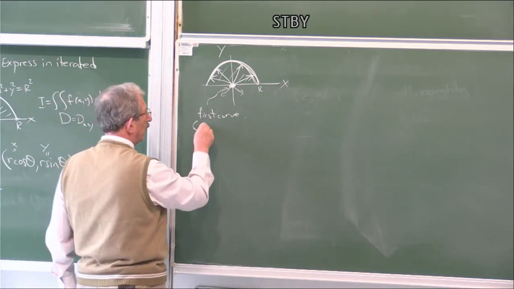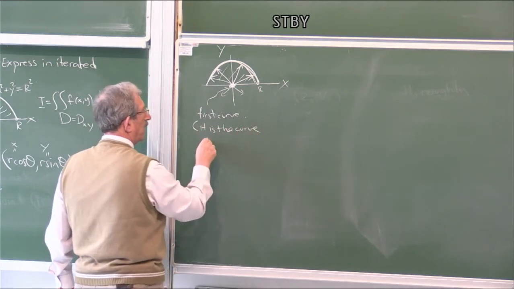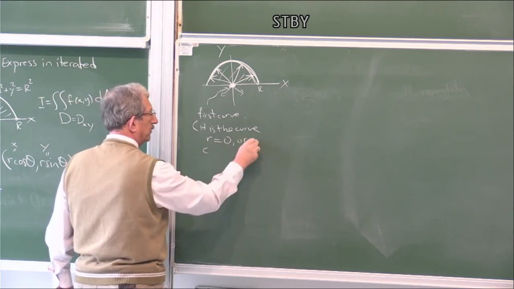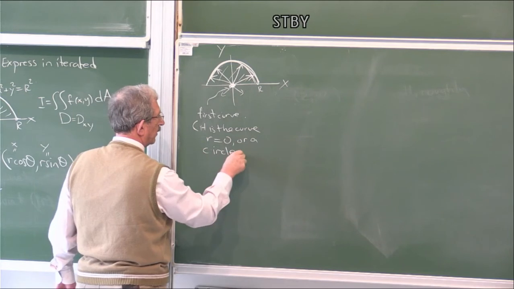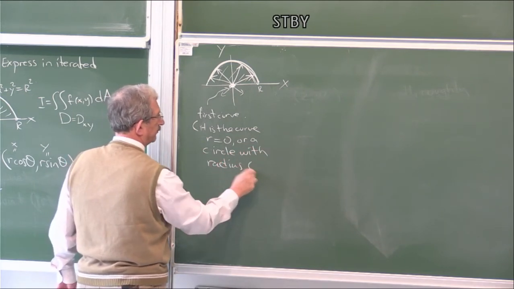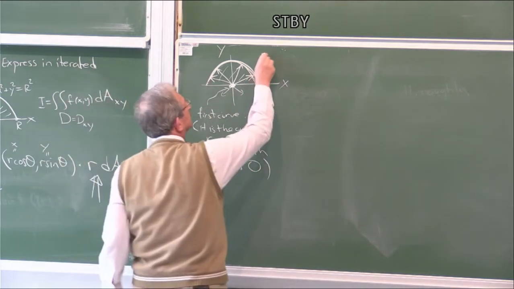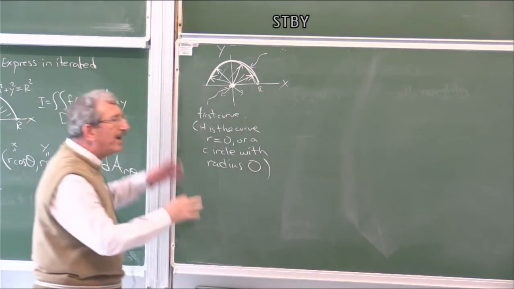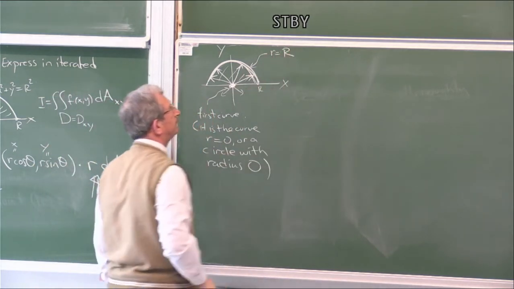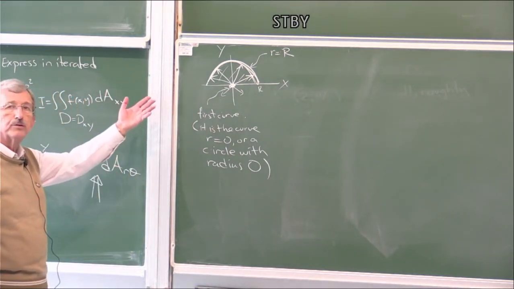Actually, it is a curve. r is 0, namely a circle with radius 0. And the last curve, where it leaves, the domain is, of course, r is capital R. So r changes between two curves.